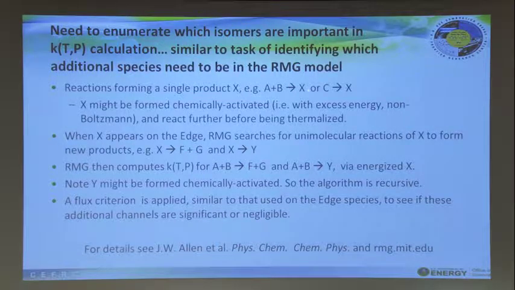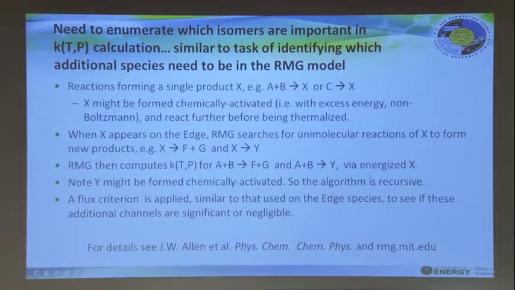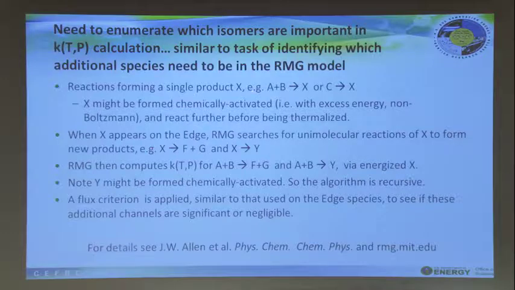So it finds it makes X, it says, oh man, I might make X Boltzmann if I'm high enough pressure, but I might make X energized. If it's energized, it might do something funny. If it's done something funny, I better find out what it is. And so it'll look for the products of X, the children of X. And then it will put together the whole sequence. A plus B goes to X, goes to F plus G, all together, and compute the pressure-dependent rate coefficient like that by solving the master equations approximately.